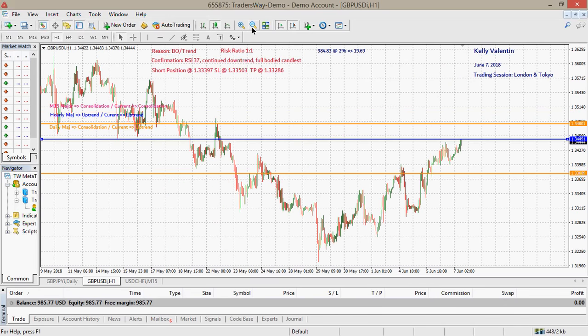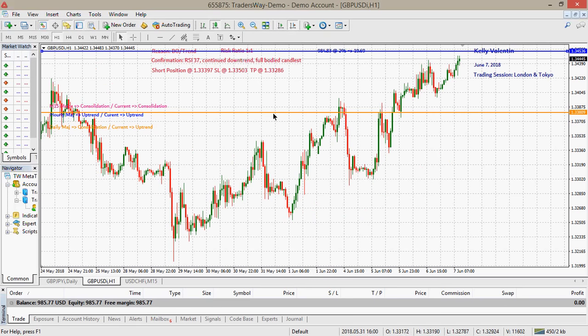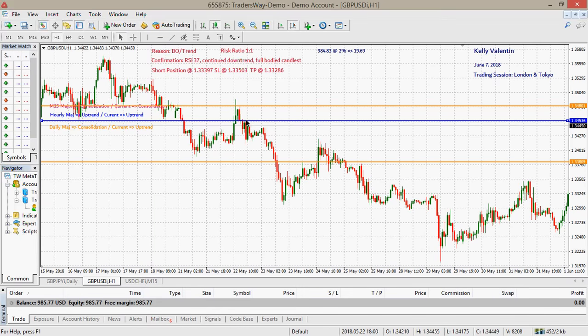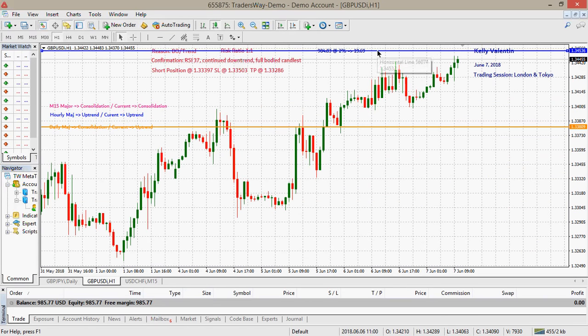And the same thing with this one. We don't want to use that current candlestick, so we're going to have to back it out a little bit to see if we can get some contact points here. Okay, looks like we're good with that one.